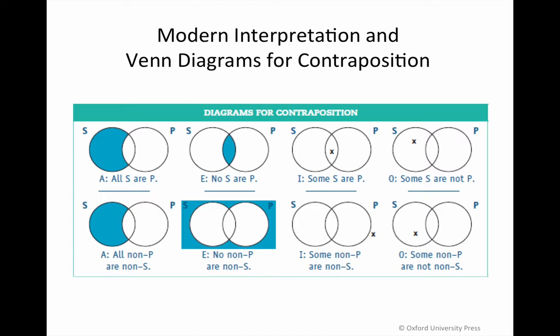And then for each inference, you have on the bottom row the diagram for the result. So the first far left, the second from the left, the third from the left, and the far right, those are pairs on the vertical. So A to contraposed A, E to contraposed E, I to contraposed I, and O to contraposed O.